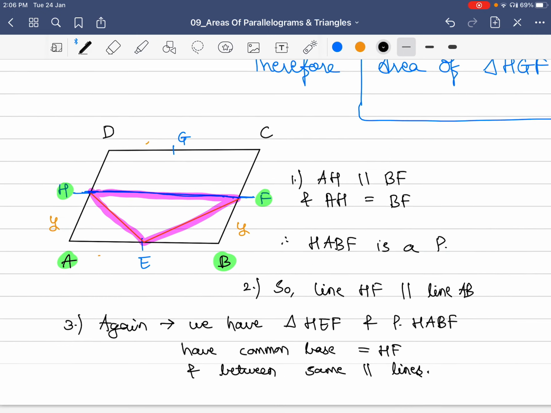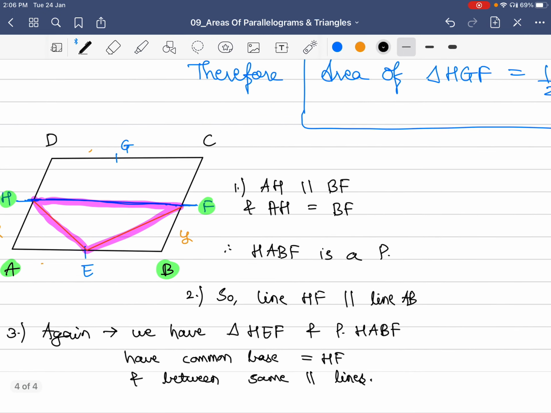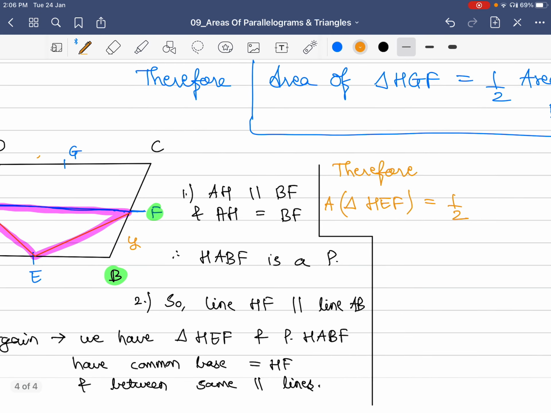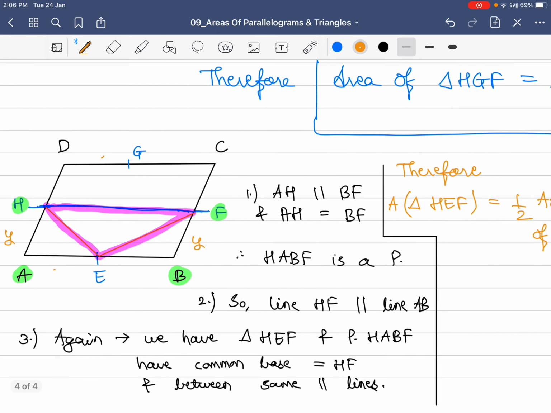Oh, we are short of space. Okay, let's create a space here. Therefore, we can say area of triangle HEF is equal to half the area of parallelogram HABF.